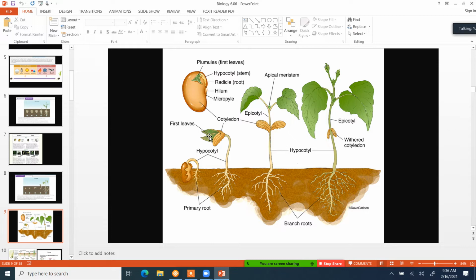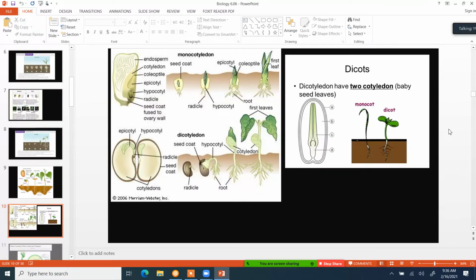They're separate, so they're true leaves. Yes, those are true leaves, these large leaves at the top here, the same as these large leaves. And then multiple more leaves keep going out from the stem. So again, this just shows the same thing. Remember, monocot comes out with one leaf, dicot comes out with two leaves.